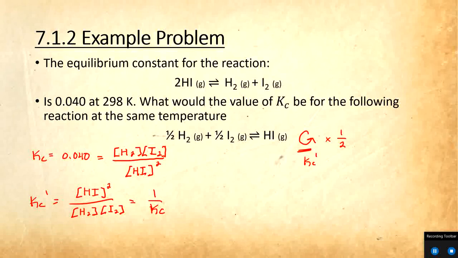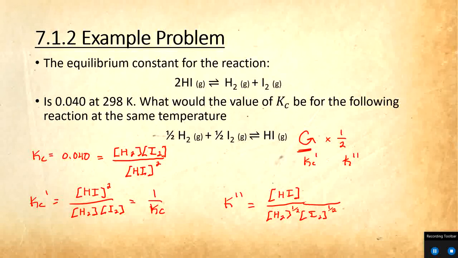Now the second step we did was we divided everything by 2. So cutting everything in half, let's just call this K double prime for a second. So K double prime is going to be our divided by 2 and our flipped around. So we would have HI. If we divided it by 2, its exponent would just become 1, divided by H2 to the 1/2 times I2 to the 1/2.